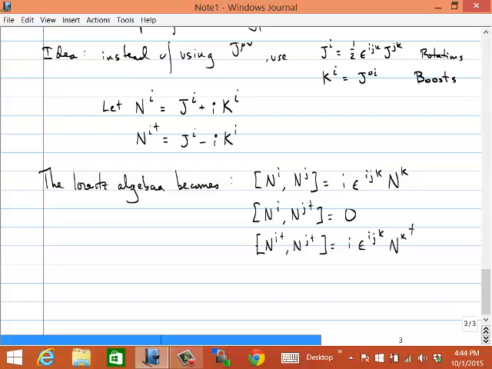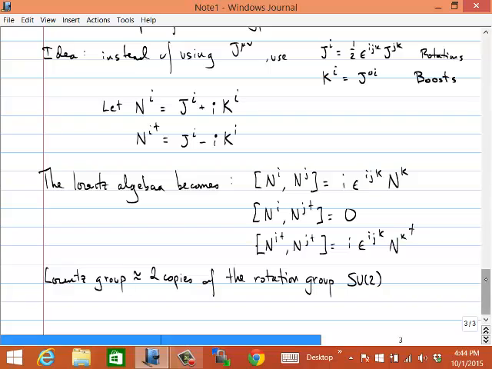So the Lorentz algebra, or the Lorentz group, the set of Lorentz transformations, can be regarded as 2 copies of the rotation group, which is usually referred to as SU2.